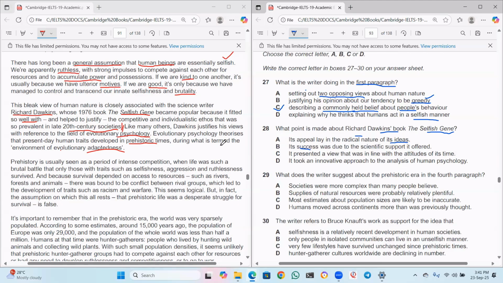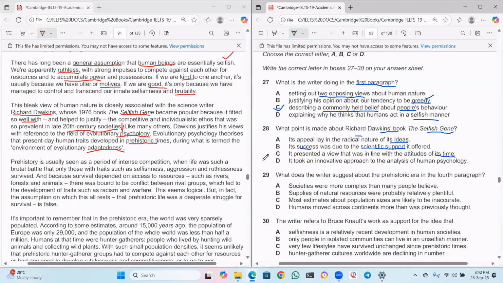Success means he says it is fitted so well. But did he talk about any scientific support it offered here? No, right? So B cannot be the answer. Next, it presented a view that was in line with the attitudes of its time. Okay, right. So I think C is very close, guys.